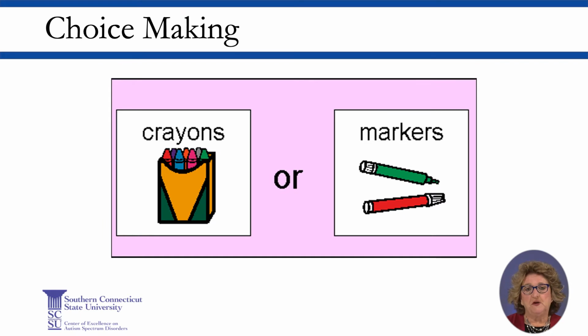Choice making, so very important for our students. Choice making encourages them to feel independent, be able to make decisions, which are, of course, lifelong skills. This is a very simple choice-making visual, crayons or markers. Some educators with very young children might choose to use actual crayons or actual markers.